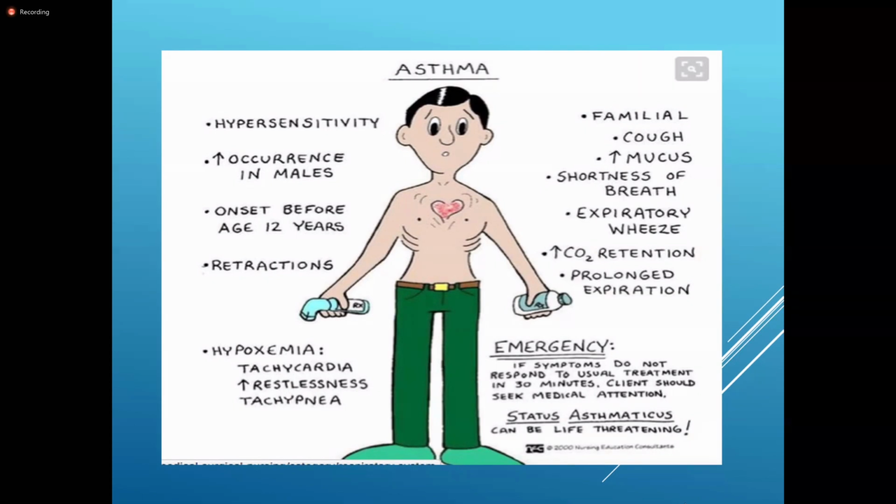CO2 retention, why? What happens? Why does somebody have increased CO2 retention? What does that mean? Oxygen can't leave. The carbon dioxide builds up, right? This is why your body wants to make that expiratory phase longer. What happens when we're breathing out?